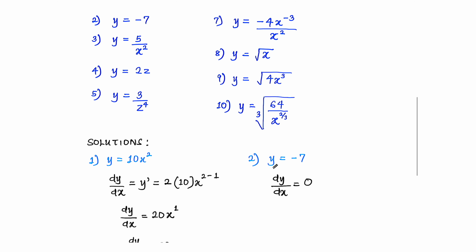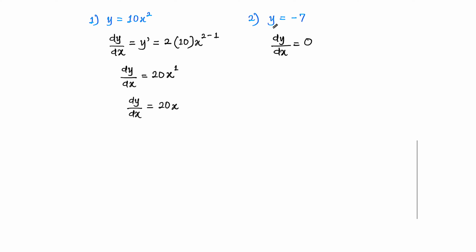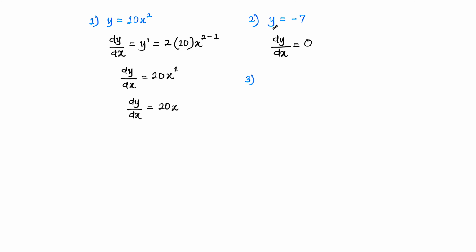Third question is y equals 5 divided by x squared. Later, we will explain the rule that relates with division. However, that rule is best applied to functions that are cumbersome.